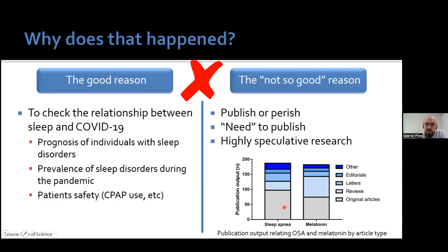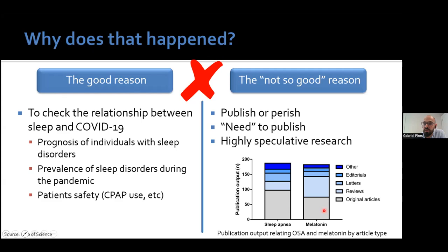You can see that more or less half of the research on sleep apnea and COVID were original articles, but a huge amount of them were theoretical articles, and some of them systematic reviews that were being published, even knowing that we have very few original data to analyze. And many of them were letters to the editors. The number of letters to the editors being published in the pandemic was increasing considerably.